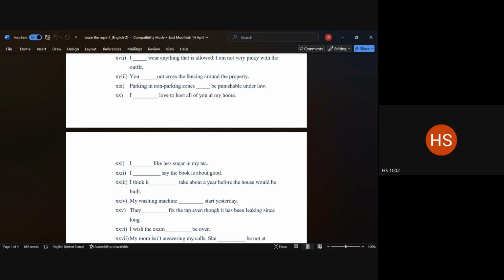Which one will this fall under? Parking in non-parking zones shall be punishable under law. Is it self-imposed? No. Social? No. This is something that is considered legally binding. So shall is used here to represent that legal obligation.